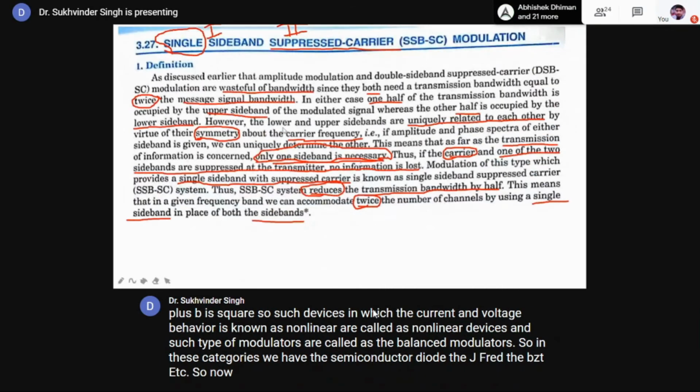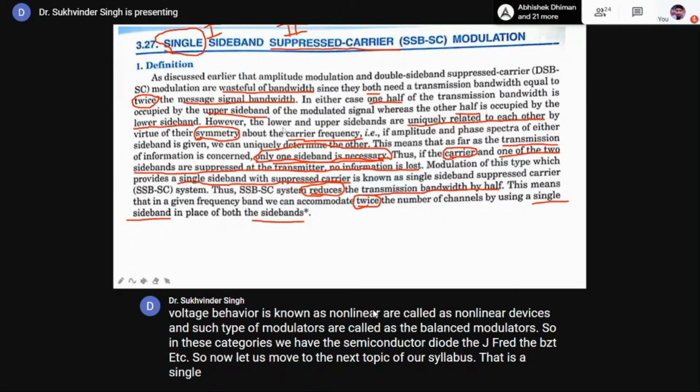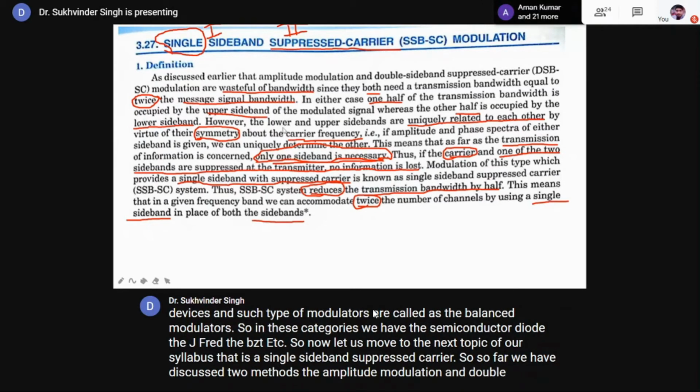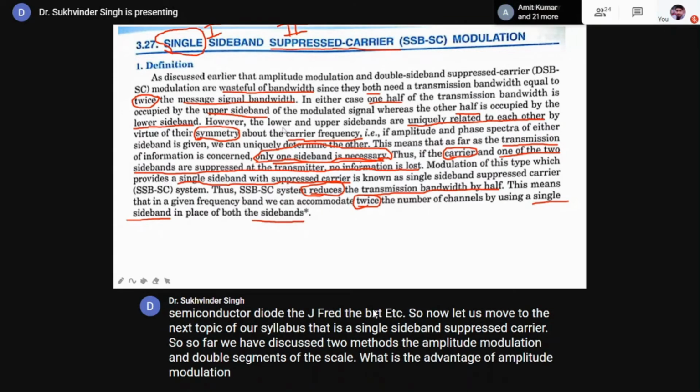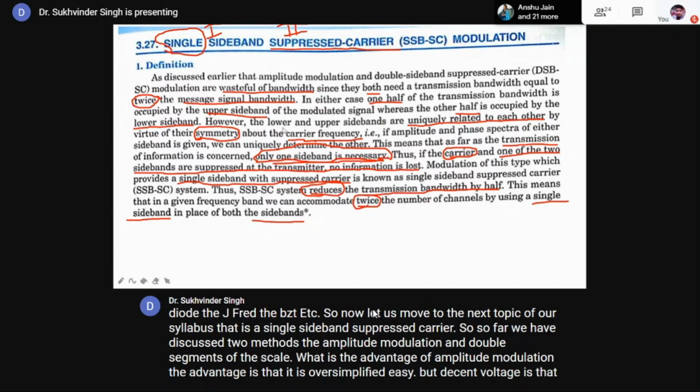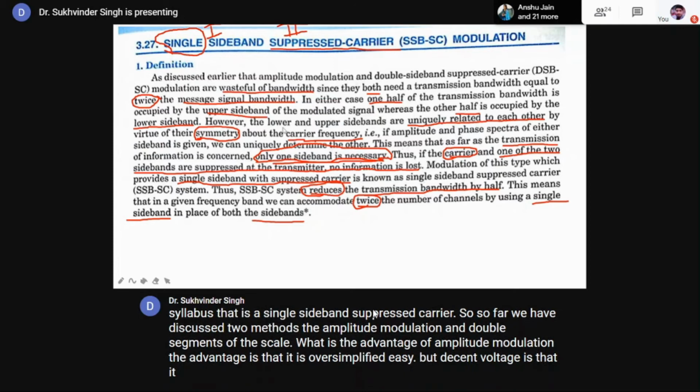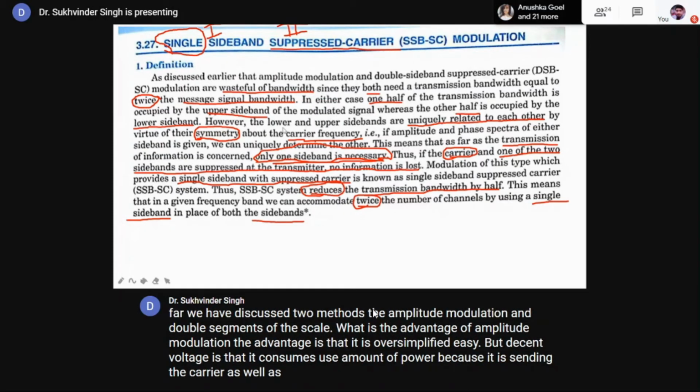So now let us move to the next topic of our syllabus, that is single sideband suppressed carrier. So far we have discussed two methods, amplitude modulation and double sideband suppressed carrier. What is the advantage of amplitude modulation? The advantage is that it is simple and easy. But the disadvantage is that it consumes a huge amount of power because it is sending the carrier as well as the message signal.